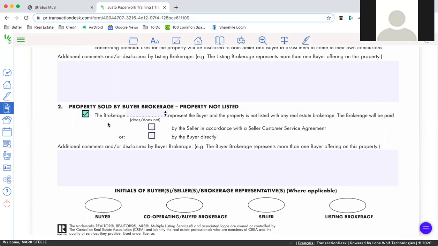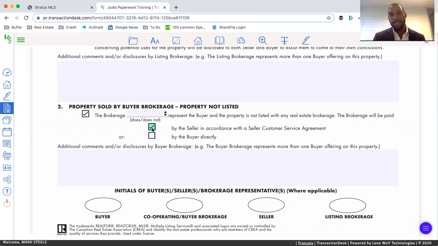Yeah. Okay, so either the brokerage will be paid by the seller in accordance with whatever agreement they work on with you, or the commission will be paid by the buyer directly. So you click off whichever one is appropriate there, okay? Now, I've never worked with a for sale by owner successfully before, so I've never used it, but that's what you would use it for.